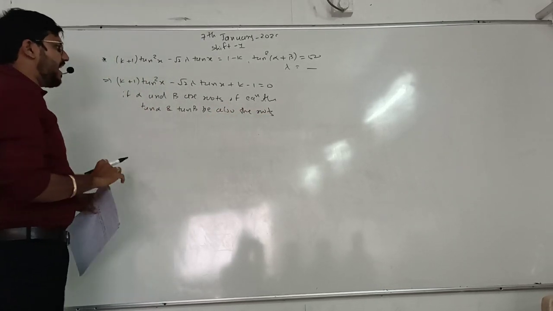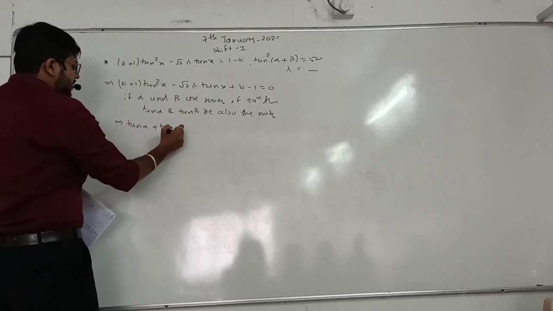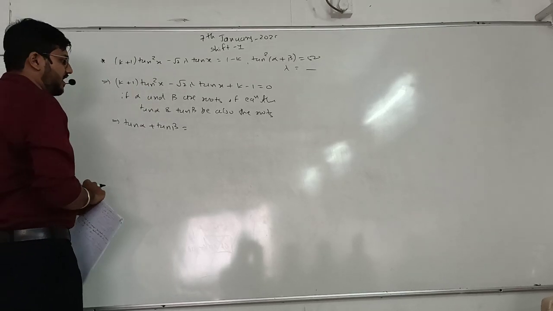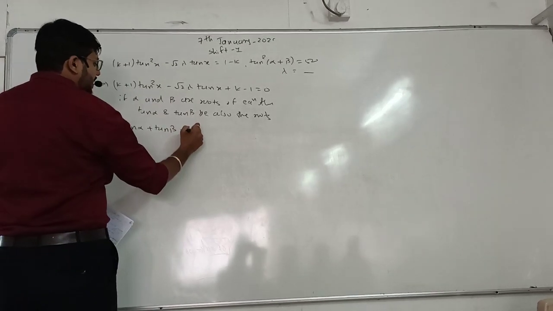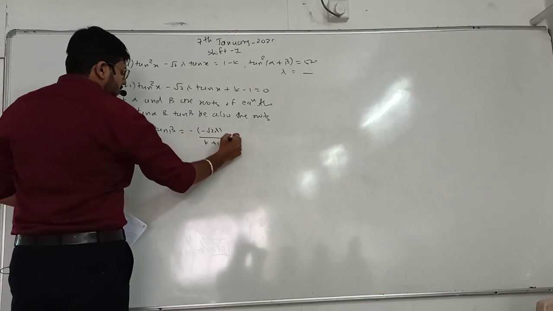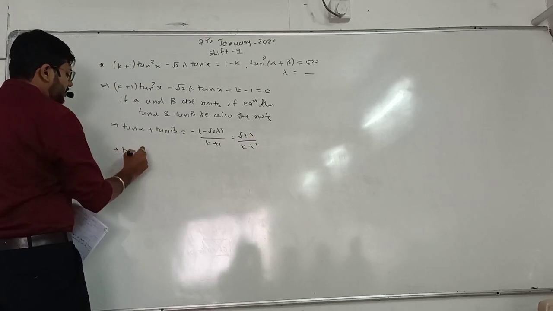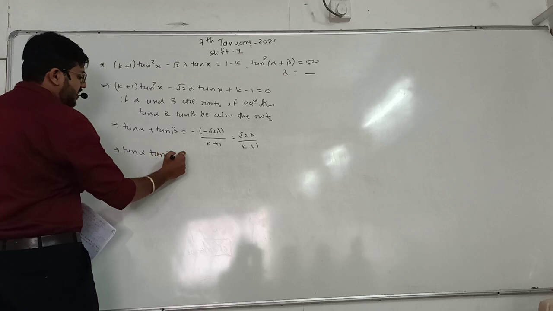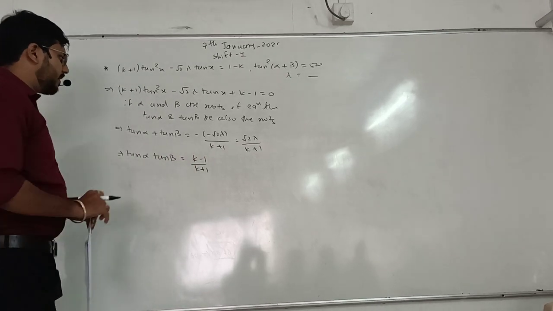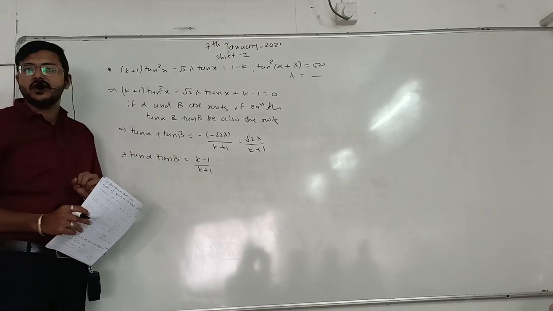And if tan alpha and tan beta are the roots, we have the sum of roots: tan alpha plus tan beta is minus b by a, according to the basic condition of a quadratic equation. So minus b by a is root 2 lambda upon k plus 1, and the product of roots, tan alpha dot tan beta, equals c by a. These are the two equations we get by using the basic condition of a quadratic equation.